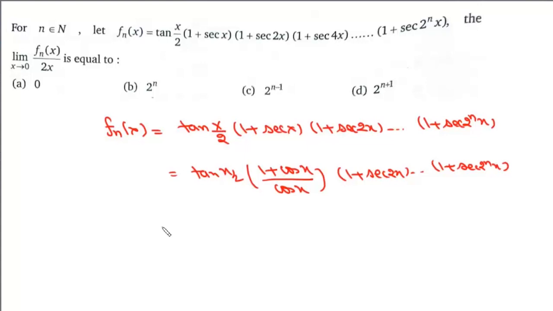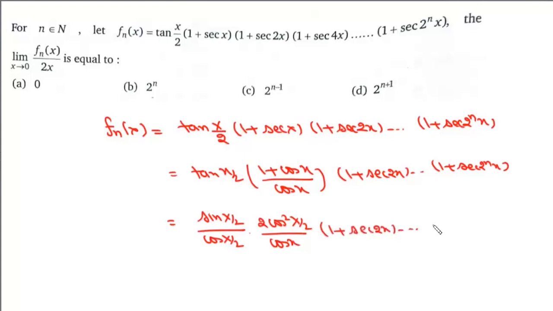Now we'll change it in terms of sine and cos. So it will be sin(x/2) upon cos(x/2), and 1 + cos x will be 2cos²(x/2) upon cos x, and this is (1 + sec 2x) up to (1 + sec 2ⁿx).